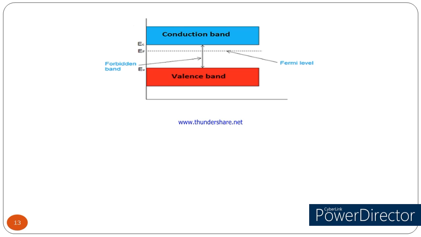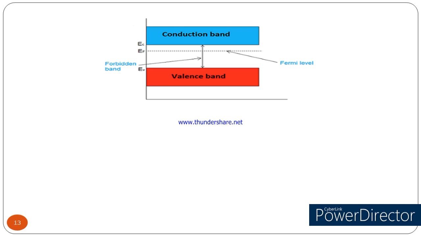The first is conduction band, an energy band filled with electrons. Second is forbidden band, the gap between the conduction band and the valence band. Third is valence band, an energy band filled with holes.